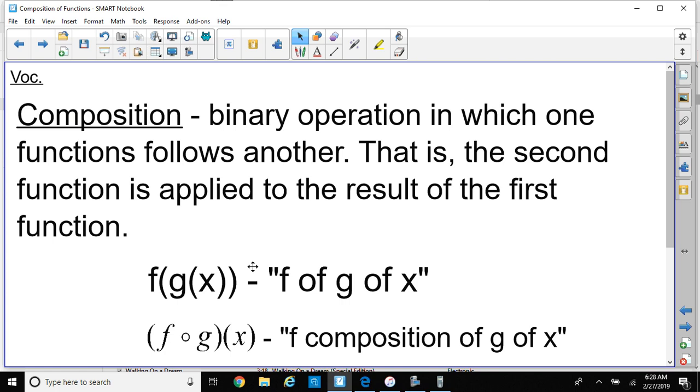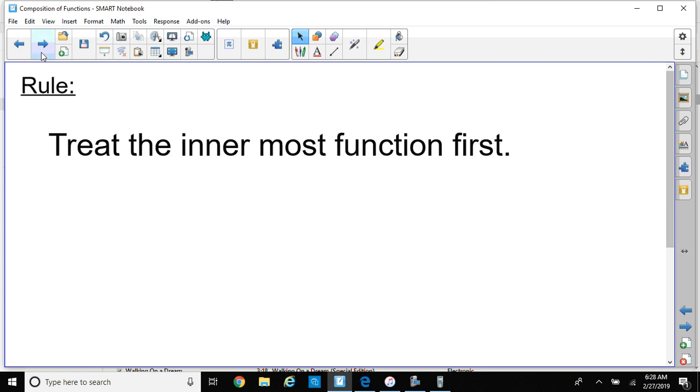So we'll determine how the composition is found based on those sayings. Sometimes they call it FOG, a little abbreviation for f of g of x. So that's f composition g of x. The little letter o spells fog, but that's not really an o.